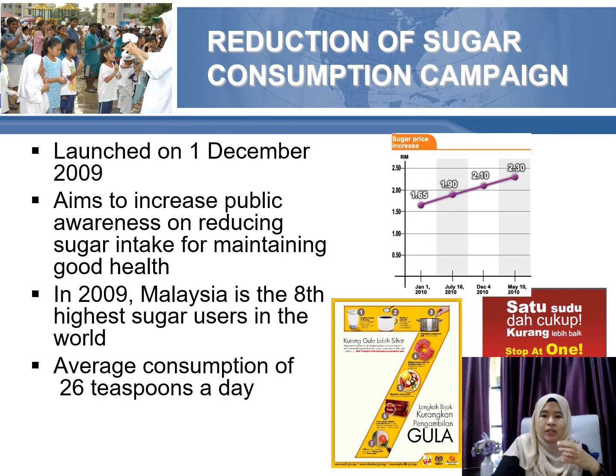The average consumption of the population in Malaysia is 26 teaspoons per day, which is much higher than the recommended amount. What is the recommended amount for an adult? If you still remember, it's 12 teaspoons. So 26 is more than double the recommended sugar intake.